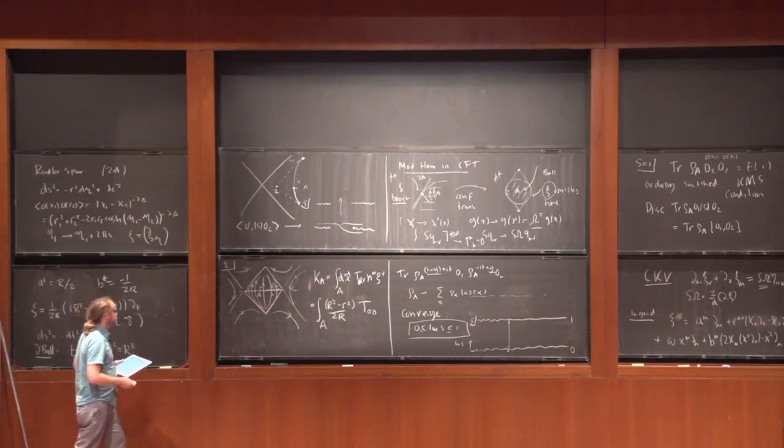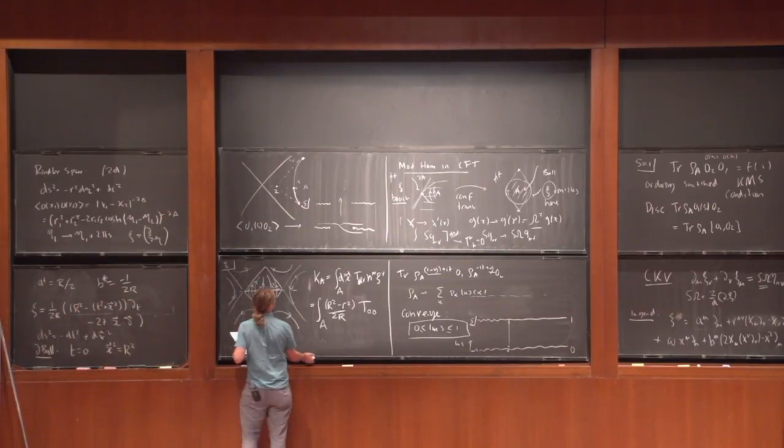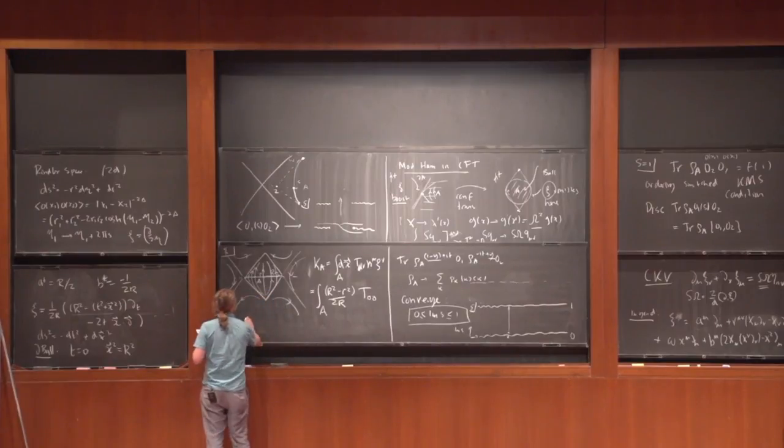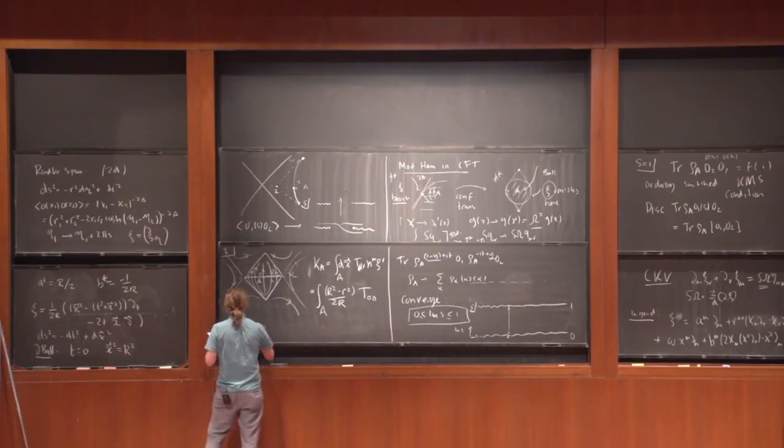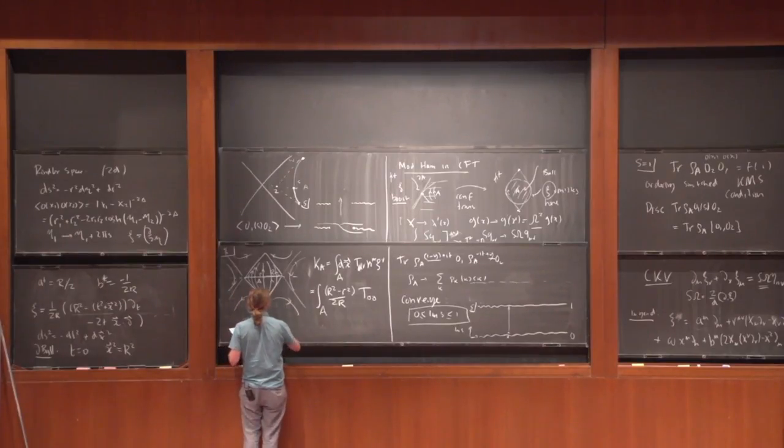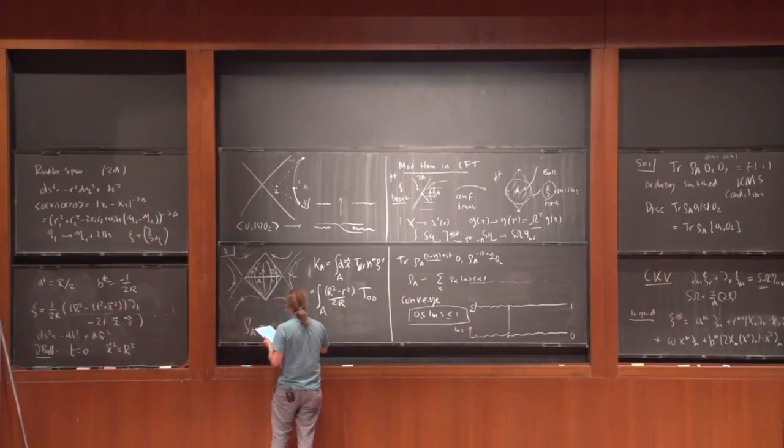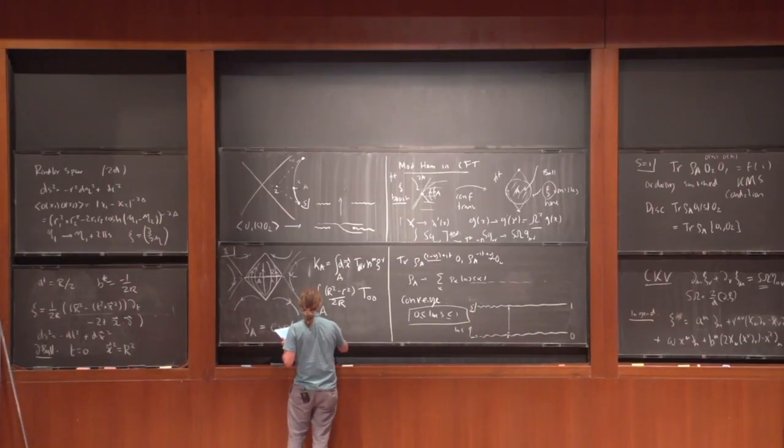Okay, good. So some important comments. This means that the density matrix is again of the form exponential of some integral over the energy density.